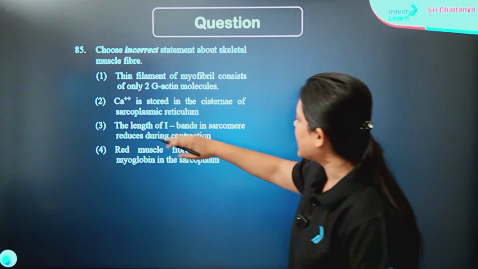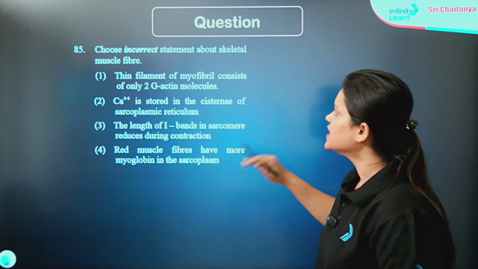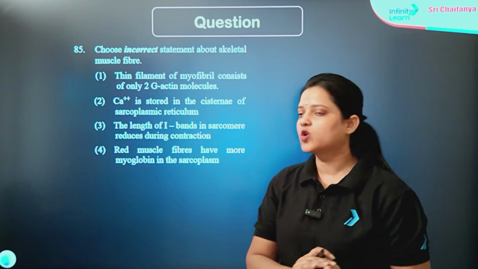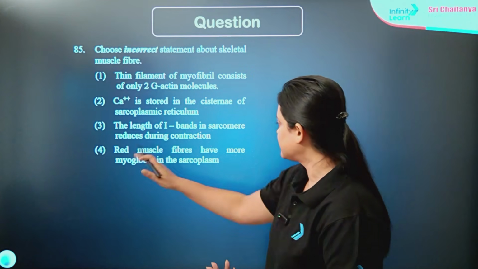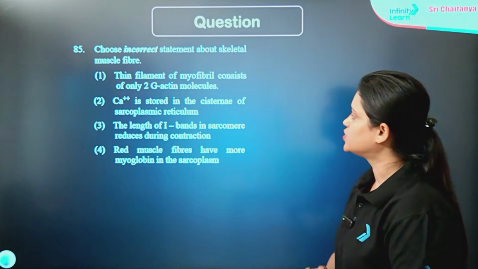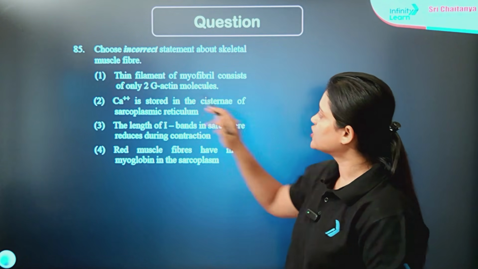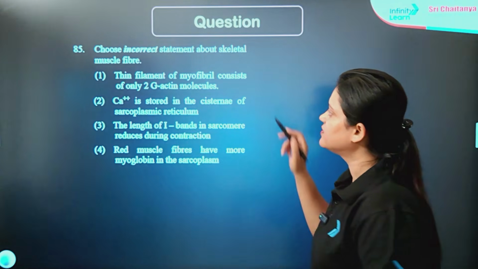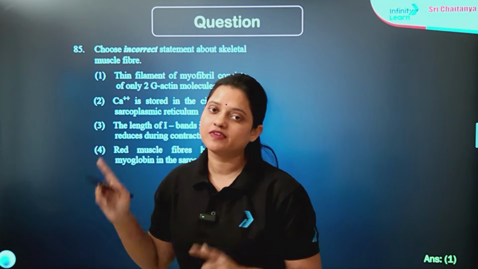The length of I band in sarcomere reduces during contraction. So length of I band in sarcomere will reduce, A band remains the same. Red muscle fiber have more myoglobin in the sarcoplasm. That is also true. So what is incorrect is thin filament of myofibril consists of only 2 G-actin molecule, which is wrong, right? So correct answer here, which is the incorrect statement, will be 1.